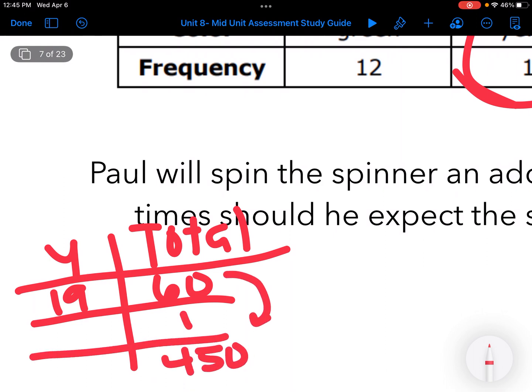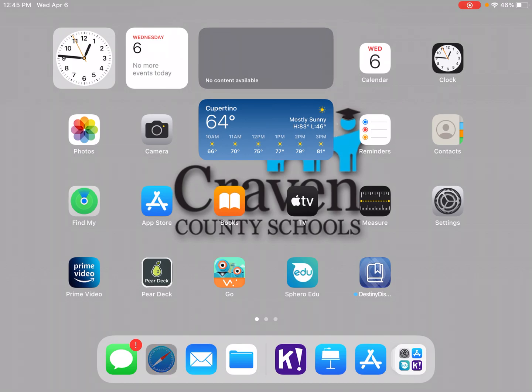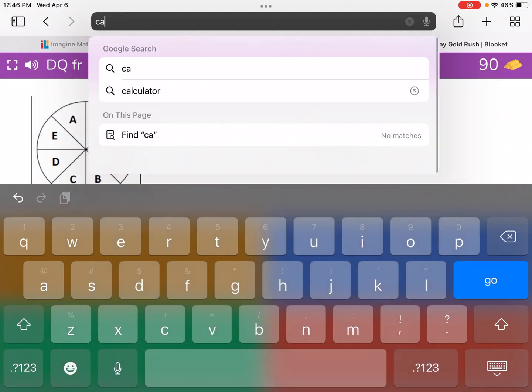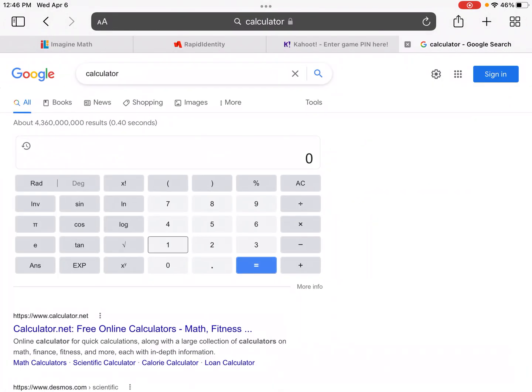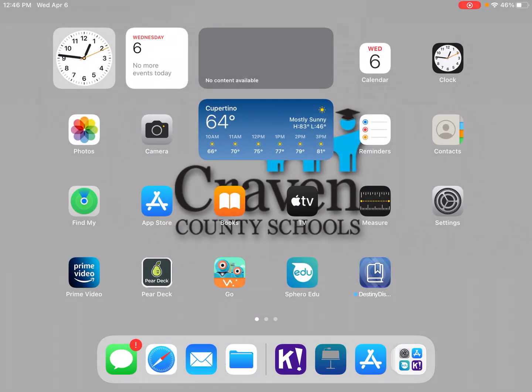So I'm going to divide by 60. So I'm doing 19 divided by 60. I get 31.6 repeating.